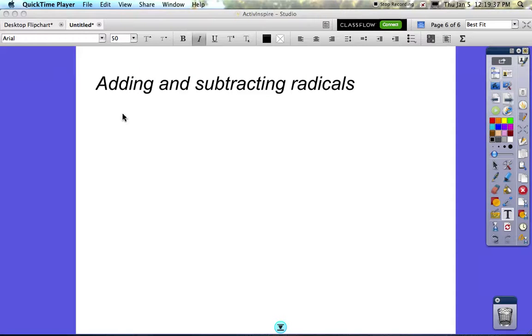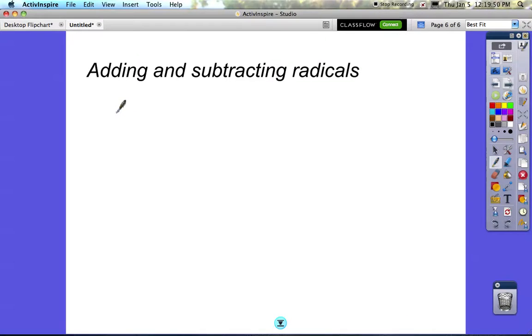Okay, so today's lesson we're going to continue to talk about adding and subtracting radicals, but as a little bit of a review from yesterday, there were two things that have to be the same in order to add or subtract radicals. Who can tell me? Okay, go ahead. Two items that have to be the same. Somebody said the radicand.